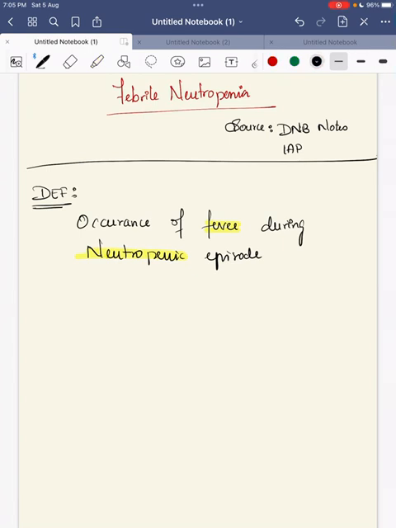So what is the definition of a fever in a febrile neutropenic patient?